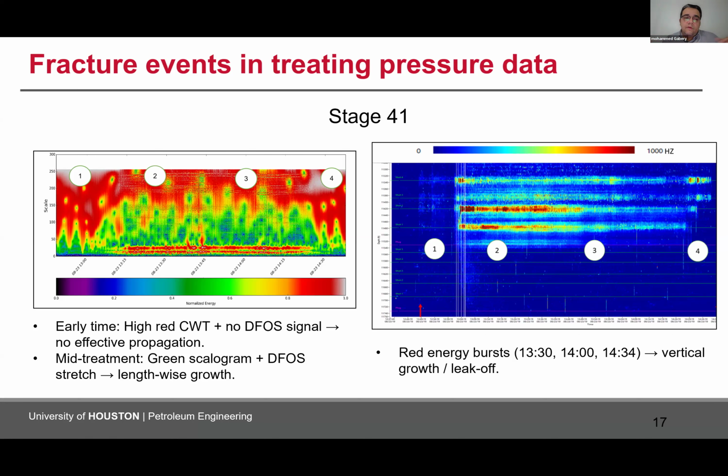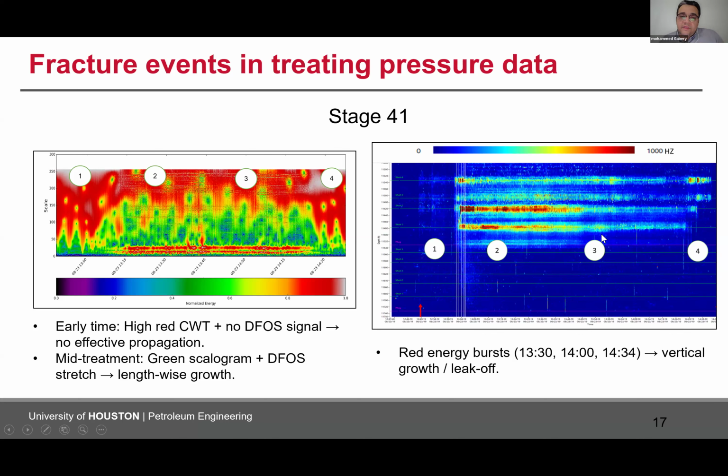So our fracture propagation is not significant yet, but at this time, at event 2, it starts to dominate the time of the job, and that's when we get a signature on the distributed fiber optics acoustic signal, and it starts to dominate.